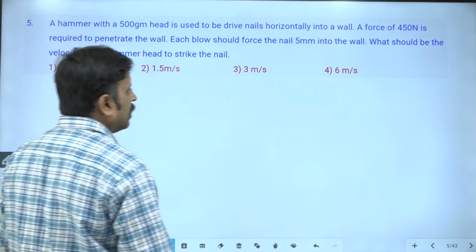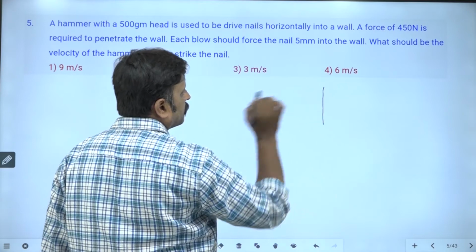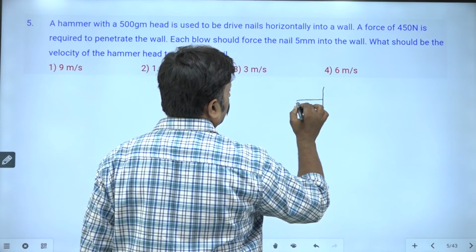See, suppose this is the wall, or suppose this is the nail.